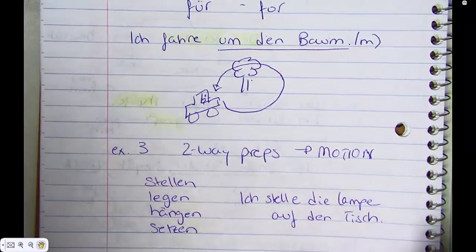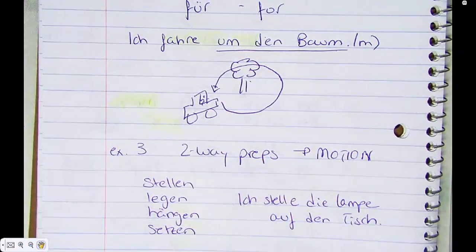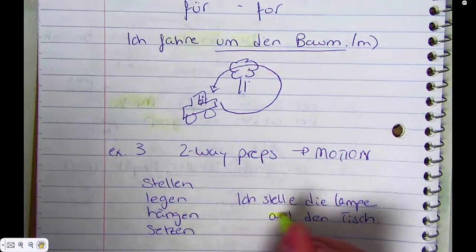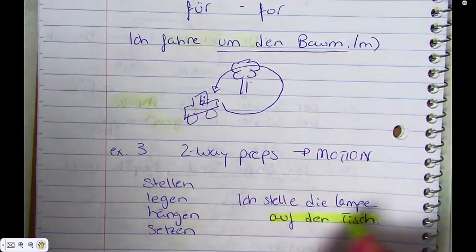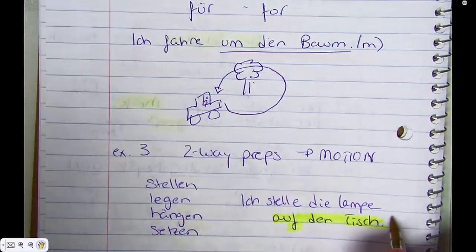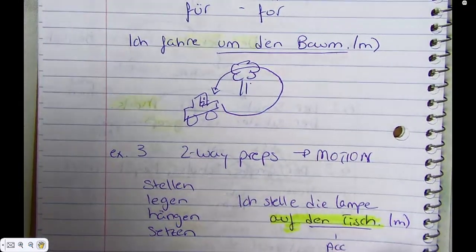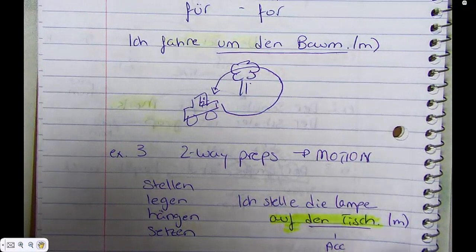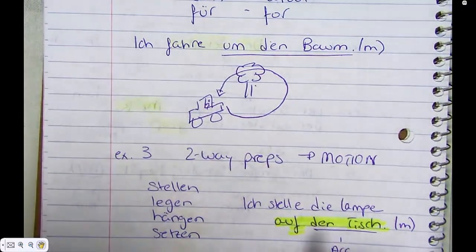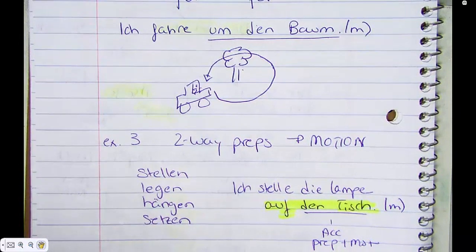Okay. So in this example, this is our two-way prepositional phrase. So der Tisch, masculine. In this case, it's an accusative. But there's another thing in accusative in this. Can you guys figure out what it is?